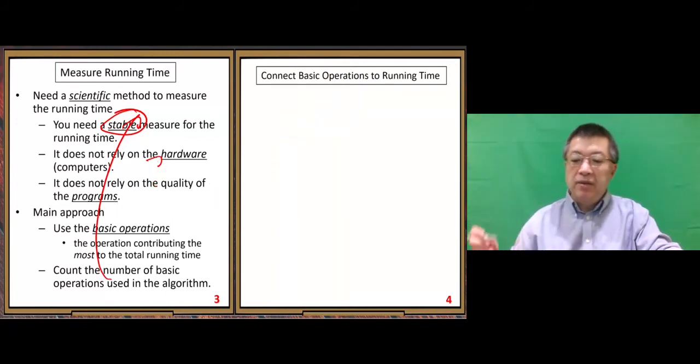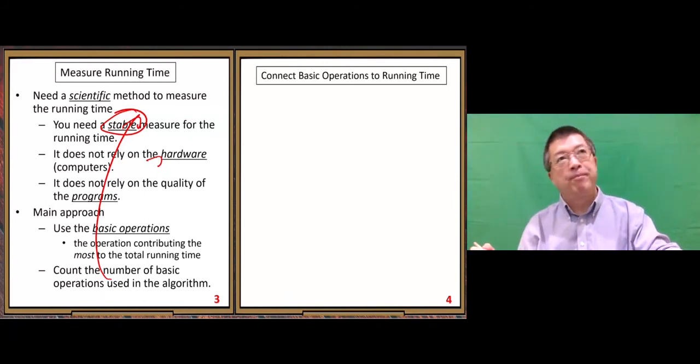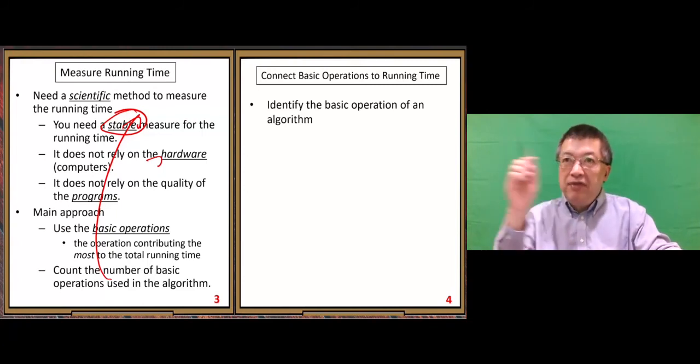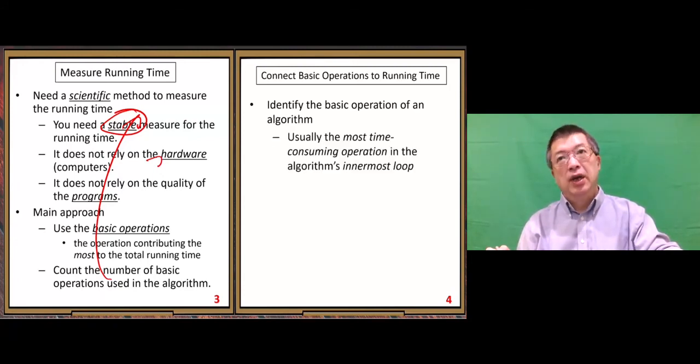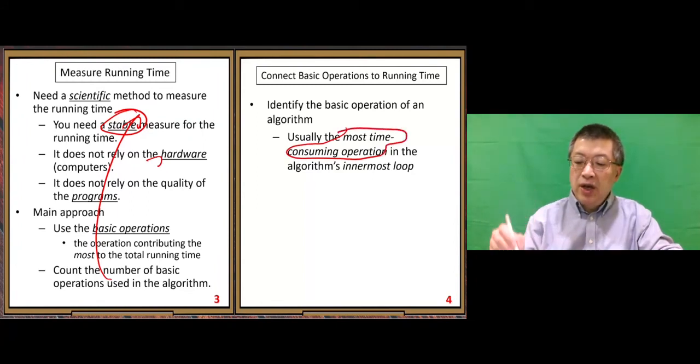All right. Next, how do we connect basic operations to running times? First, we need to identify the basic operation in the algorithm. Because usually there are several operations, some of them may not be basic operations, some of them are. Usually, it is the most time-consuming operation in the innermost loop.